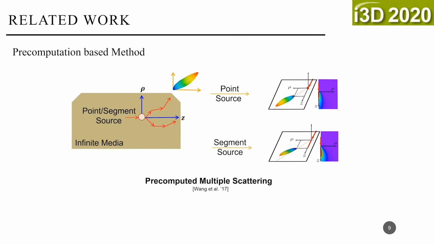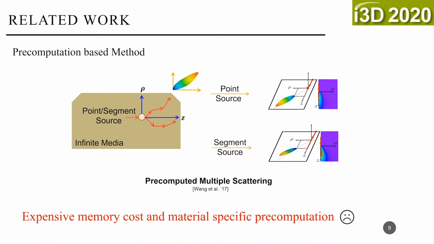After the process of pre-computation, we can directly get the radiance from the table in the rendering stage without complicated computation, which can be applied to several algorithms, such as VRL, UPBP, MELT, and this method is fast compared to previous methods. However, this method costs expensive memory and needs material-specific pre-computation, which is a big problem for GPU implementation. Note that this method is the basis of our work.